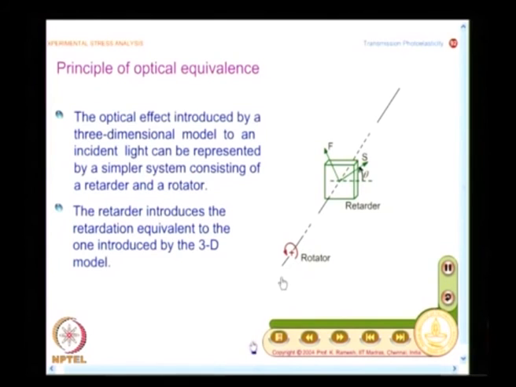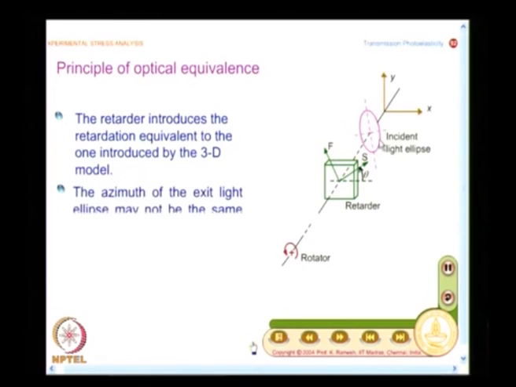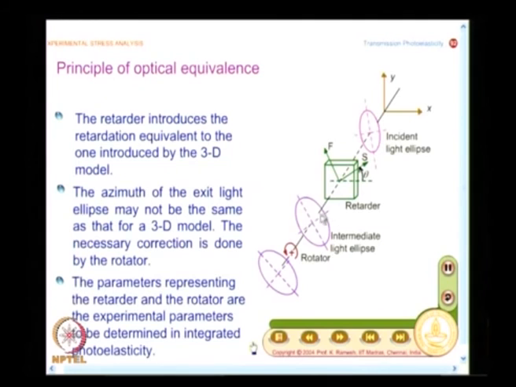Just observe the animation now. I have an incident light ellipse. So, it gets transformed. Whatever the transformation by the retarder may not guarantee the same azimuth, and the rotator rotates it so that the azimuth matches the actual 3 dimensional model.